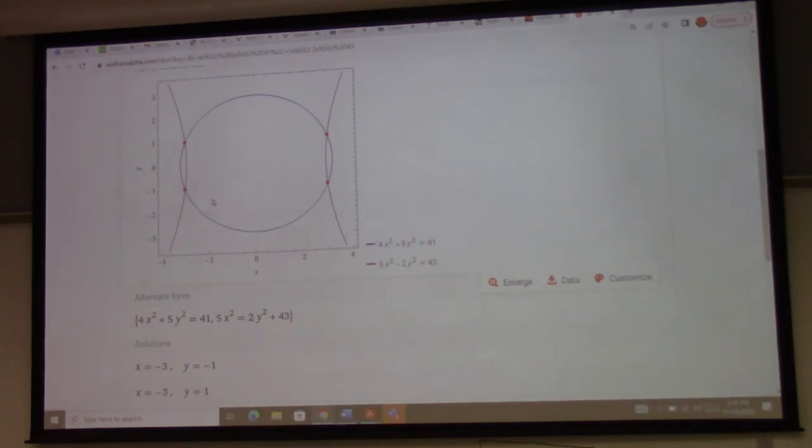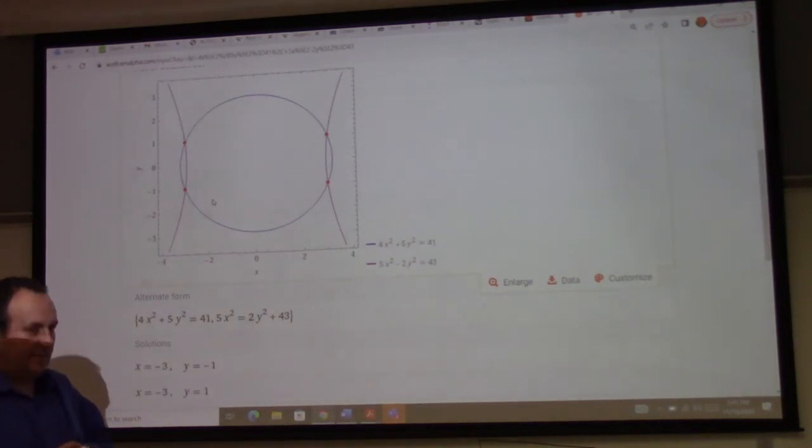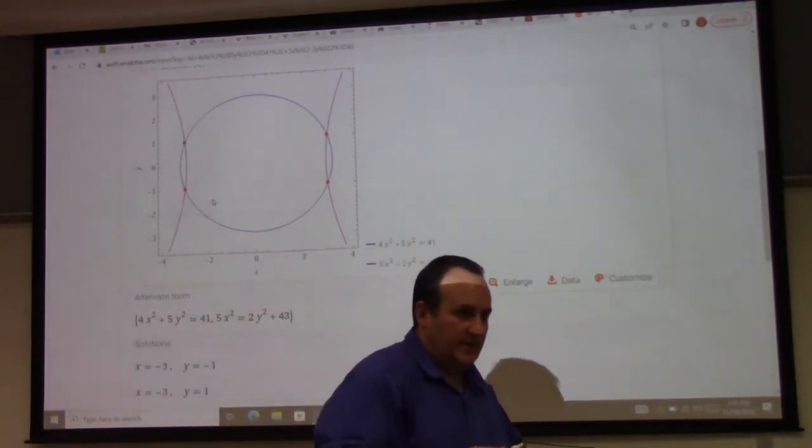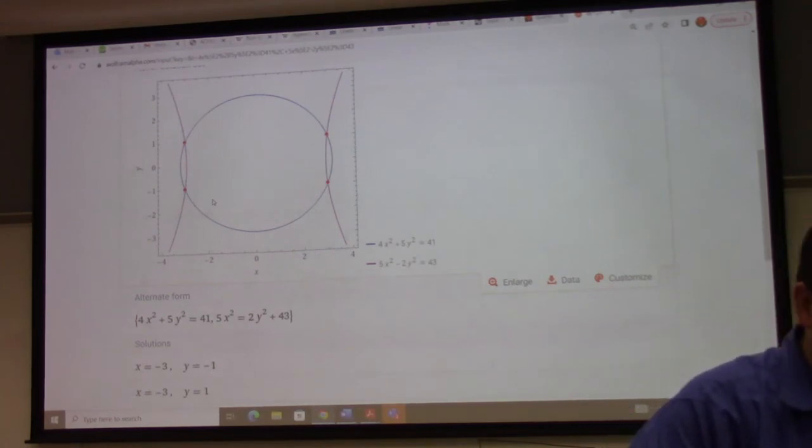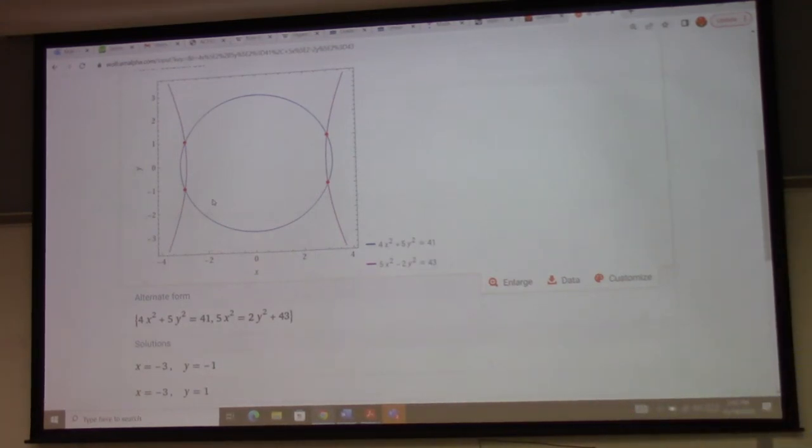Huh. That's funny. Now this one I think you could solve geometrically. And if you can solve a problem geometrically, then that might be the fastest way to solve it, all right?